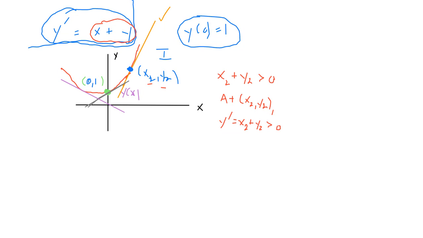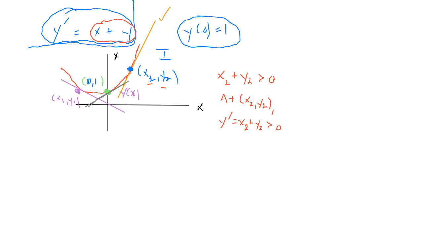So, okay, through the point x1, y1, they're saying, well, the slope is negative.